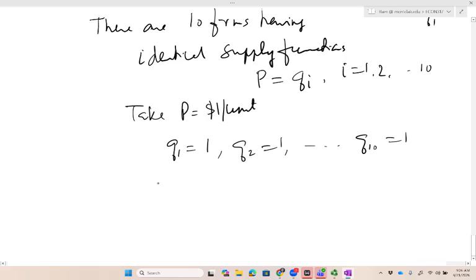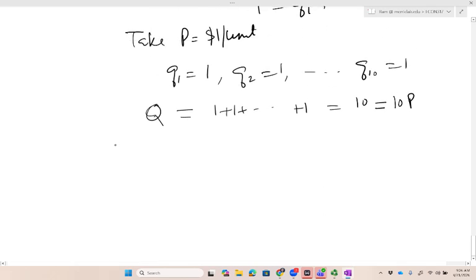If I add up, I will now write uppercase Q, which is the sum of quantities supplied by each one of them. 1 plus 1 plus 1, 10 times, turns out to be 10 units. Which could also be written as 10 times P, because price was $1. So what I have obtained is the market supply given as Q equal to 10P.